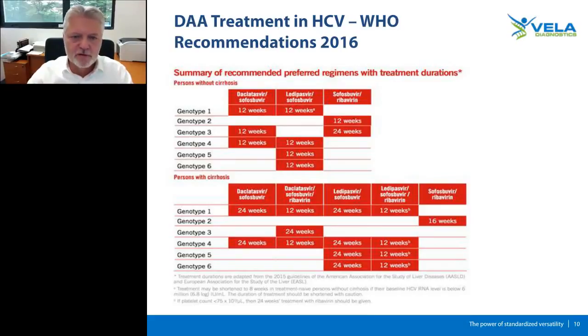So you need to know the genotype to determine the correct duration of therapy and the selection of drugs. Genotype remains an important factor in treatment, especially because the current treatments are still dramatically expensive everywhere in the world, and that makes it more important to have a precise selection of the drugs up front.